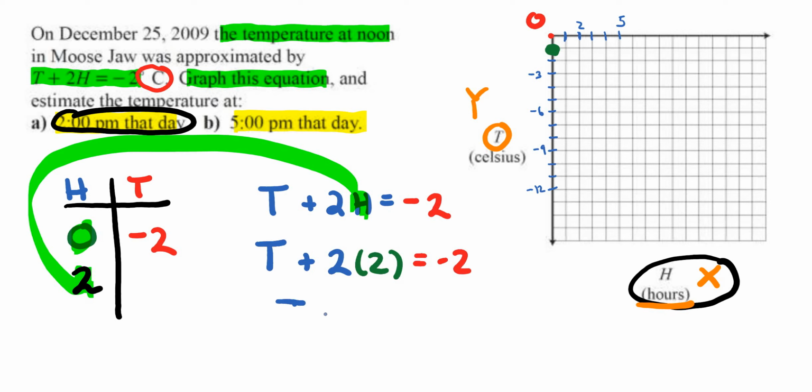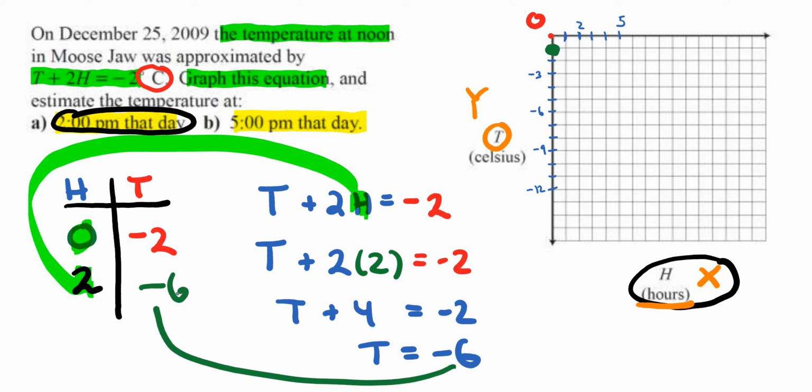All right, so t plus 4 equals negative 2, and then I can subtract the 4 from both sides, and I get negative 6. So at 2 p.m., sorry, not t here, this will be negative 6. At 2 p.m., the temperature has gone down to negative 6 degrees Celsius. So this point represents about that point right there.